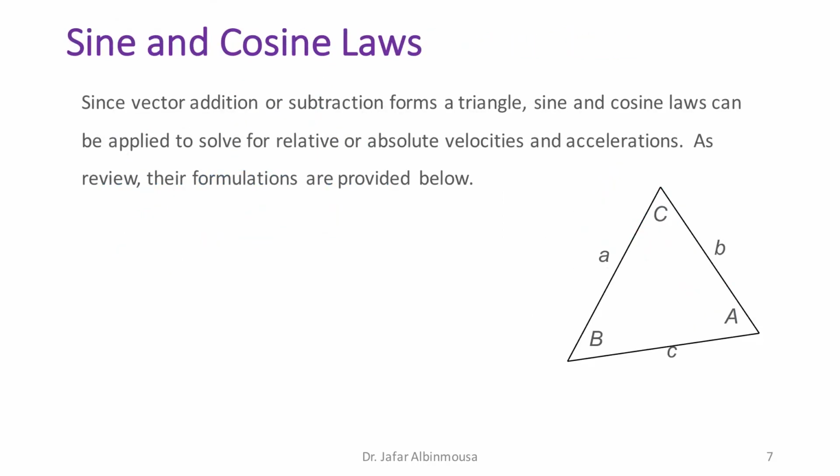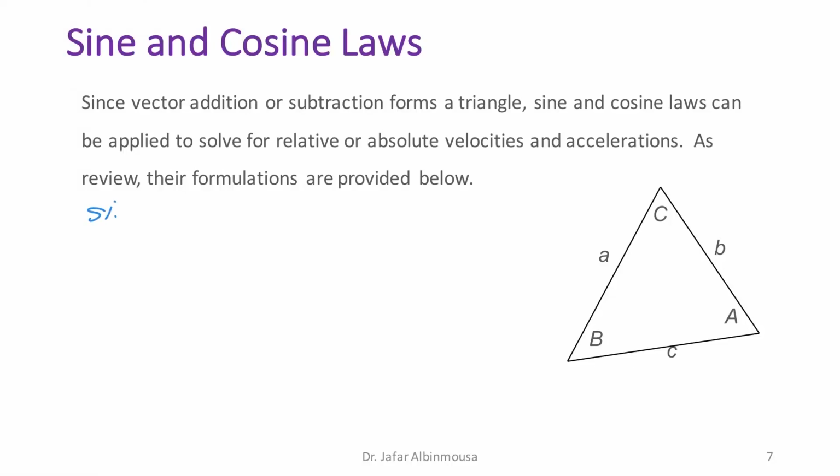As we saw from the previous examples, we will always end up having three vectors added together. So in this regard, the sine and cosine laws are very useful. So let me write them down here.